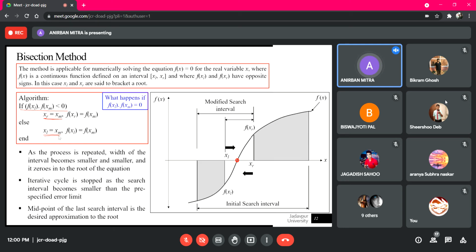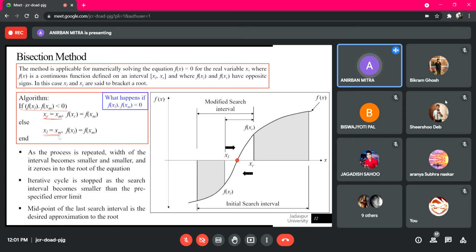But there is a condition that needs to be considered. I have not talked about that. What if this f of xl multiplied by f of xm becomes equal to 0? It is possible. We have chosen the guesses quite randomly.